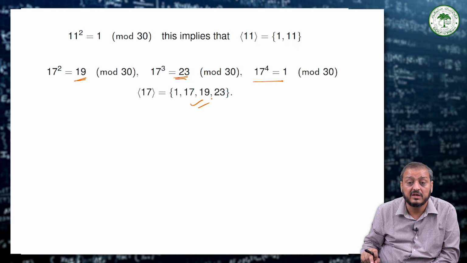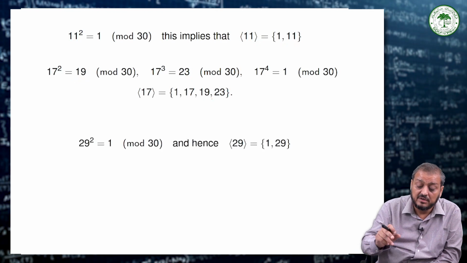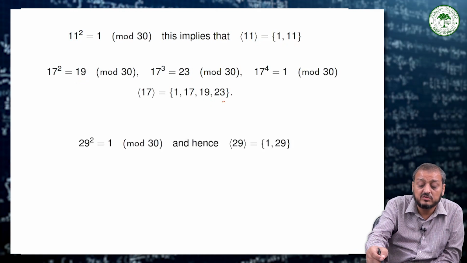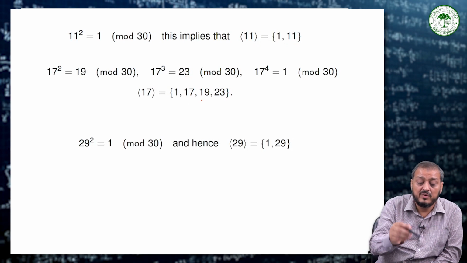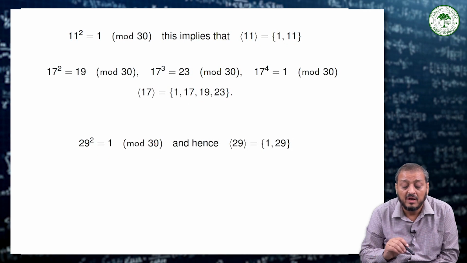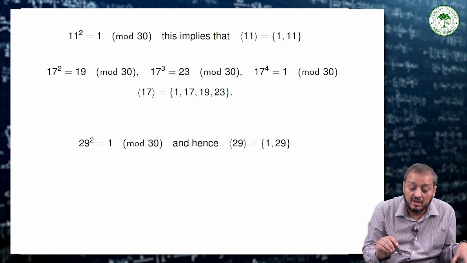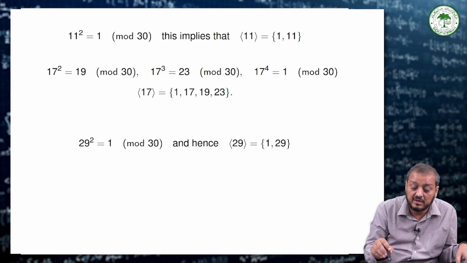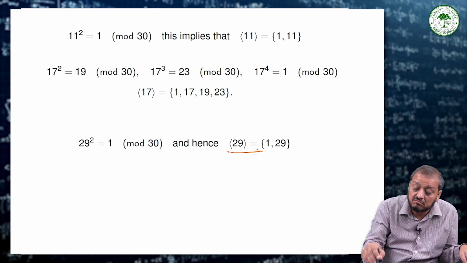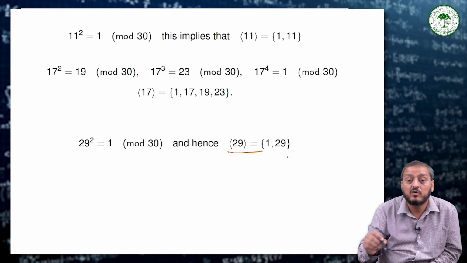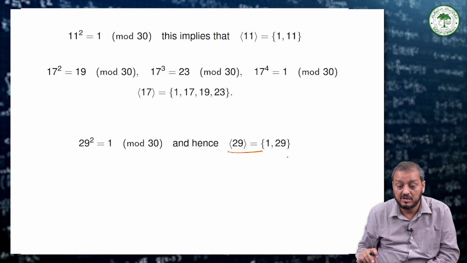Then we take another element, 29. 23 and 19 are already here. 29 to the power 1 is 29 mod 30, so 1 and 29 are generated by this.